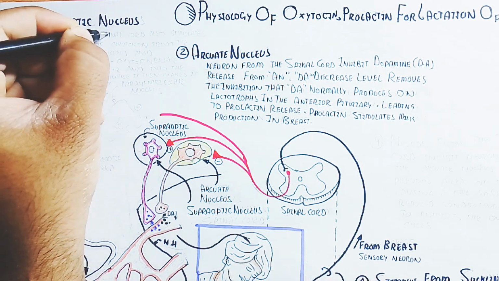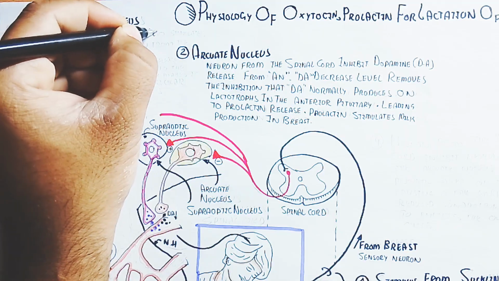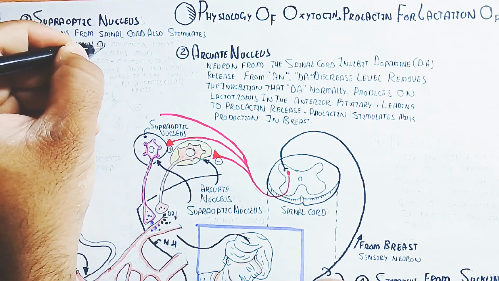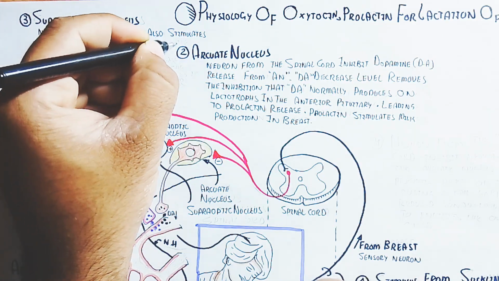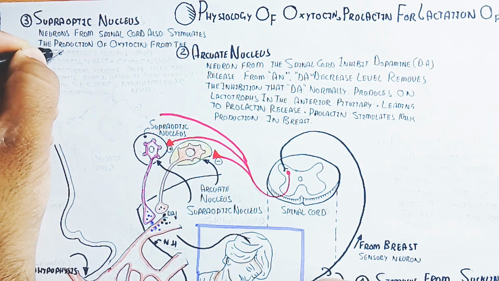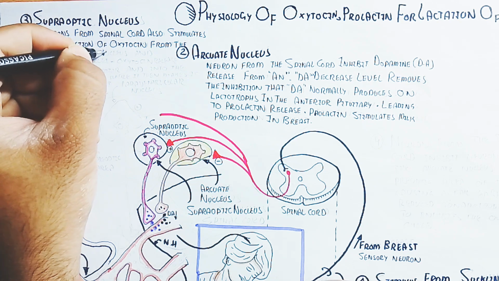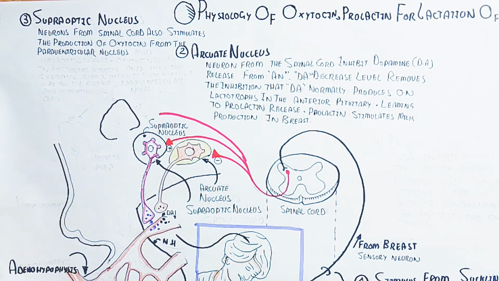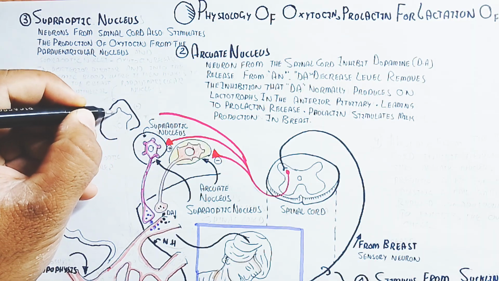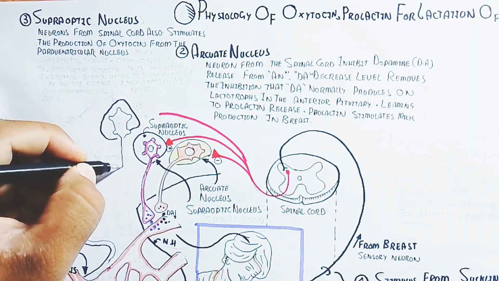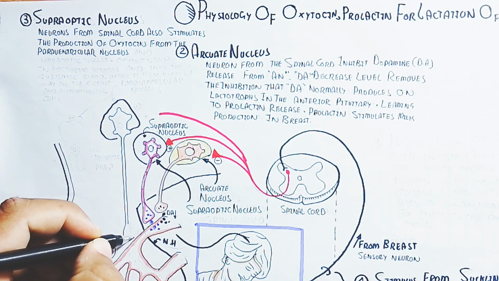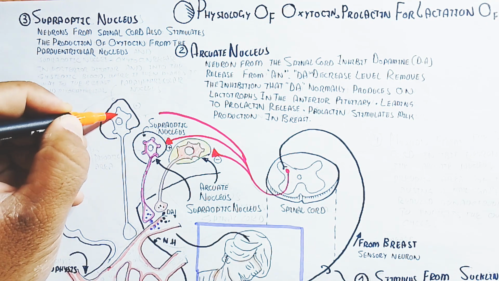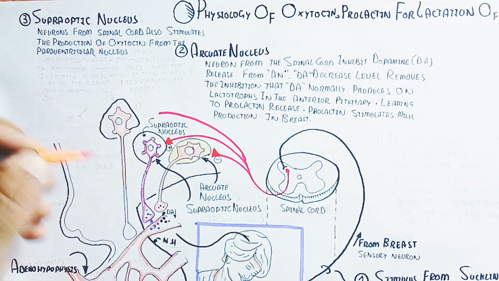Let's understand the supraoptic nuclei as the third step. Neurons from the spinal cord also stimulate the production of oxytocin from the paraventricular nucleus. I will draw it here. Both the paraventricular nuclei and supraoptic nuclei are important, and we will understand further.